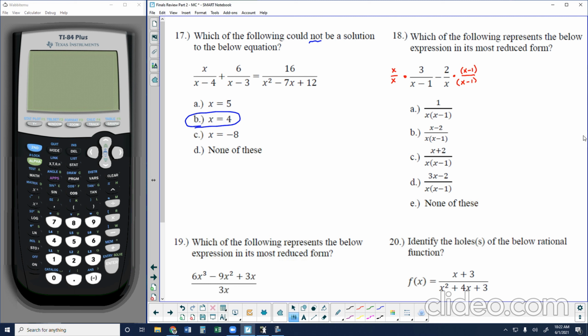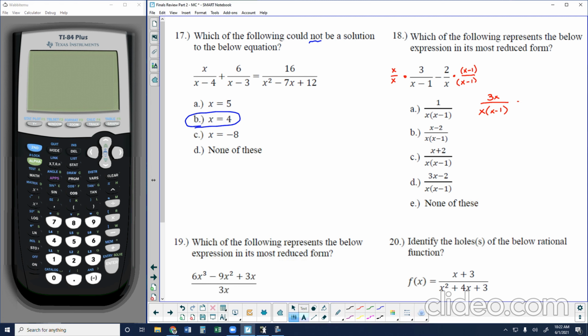In the first fraction, I can multiply by x over x to give me a denominator of x times x minus 1. In the second fraction, I'm going to multiply by x minus 1 over x minus 1 to give me a denominator of x times x minus 1.